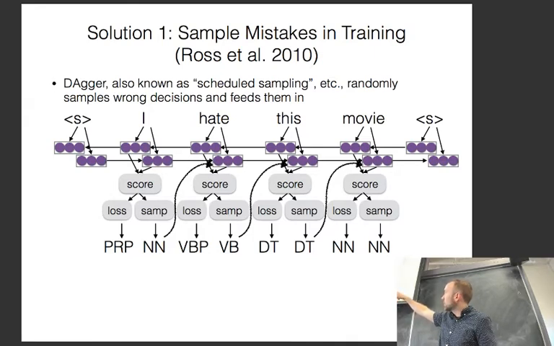But then when we choose the thing that we feed back into our network to make our next prediction, we sample something. So every time we might sample a wrong answer and feed that wrong answer back into our network, and this makes our network more robust.